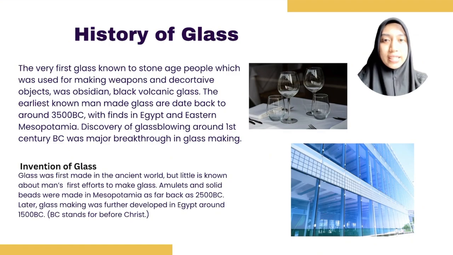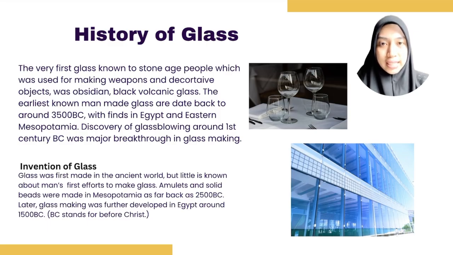Story of glass. The very first glass known to Stone Age people, which was used for making weapons and decorative objects, was obsidian, black volcanic glass. The earliest known man-made glass dates back to around 3500 before Christ, with finds in Egypt and eastern Mesopotamia. The discovery of glass blowing around the 1st century before Christ was a major breakthrough in glass making.